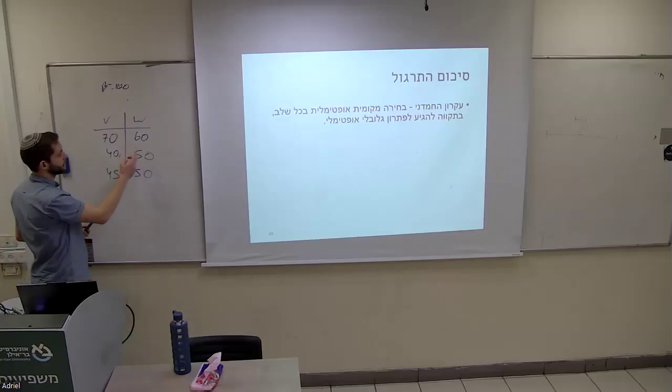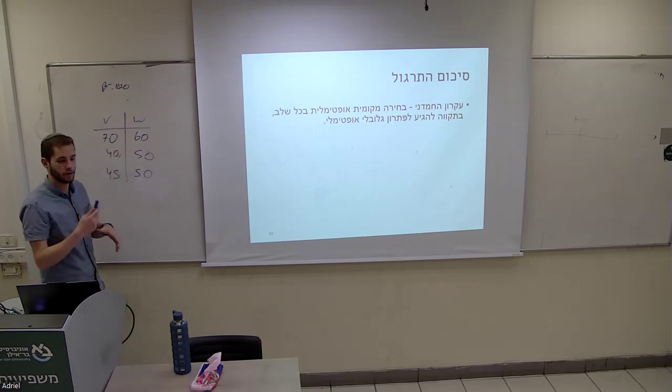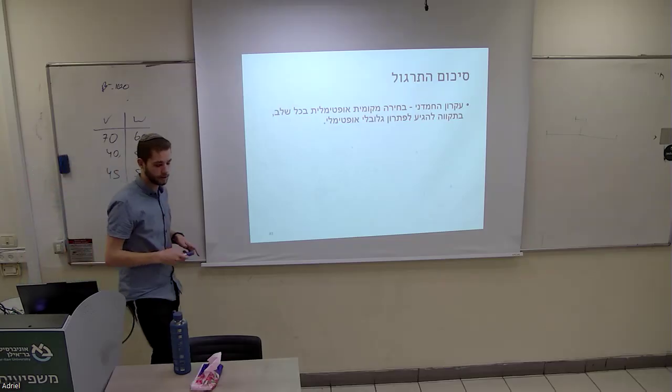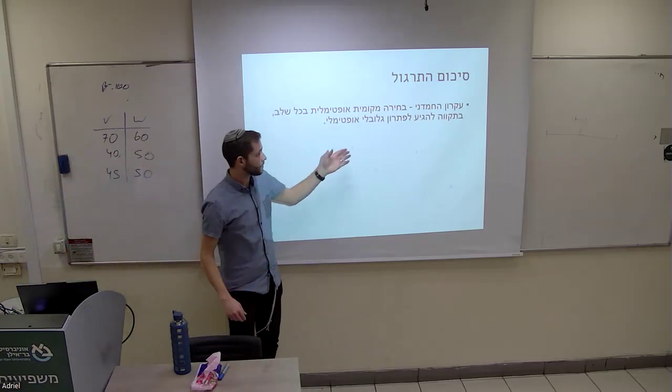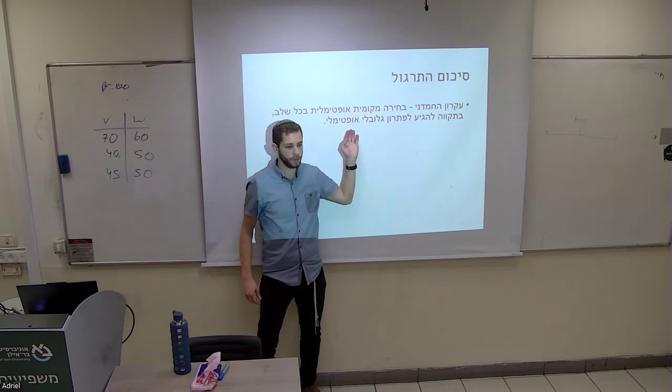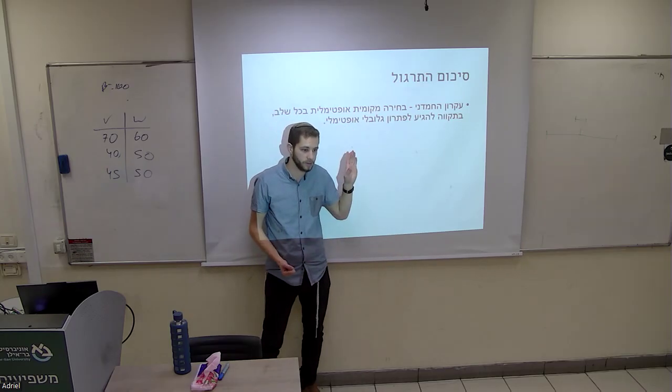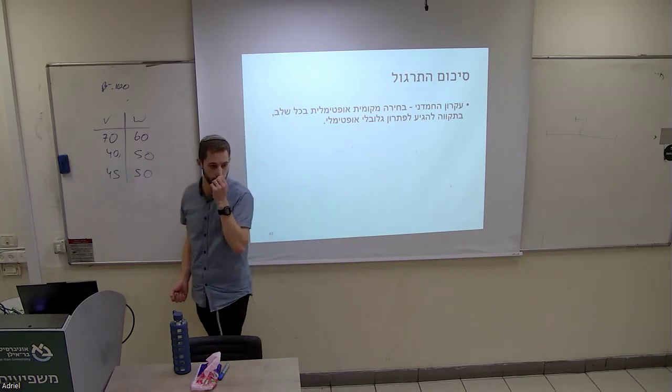Because once you take 60, you can't take 50 and 50. So the greedy choice does not work in the knapsack where you can either take or not take the item, because you get blocked in certain cases. So you hope that in the end it'll get you to an optimal solution. But how do you know it does? You prove the two lemmas. By proving the two lemmas, you know it works.